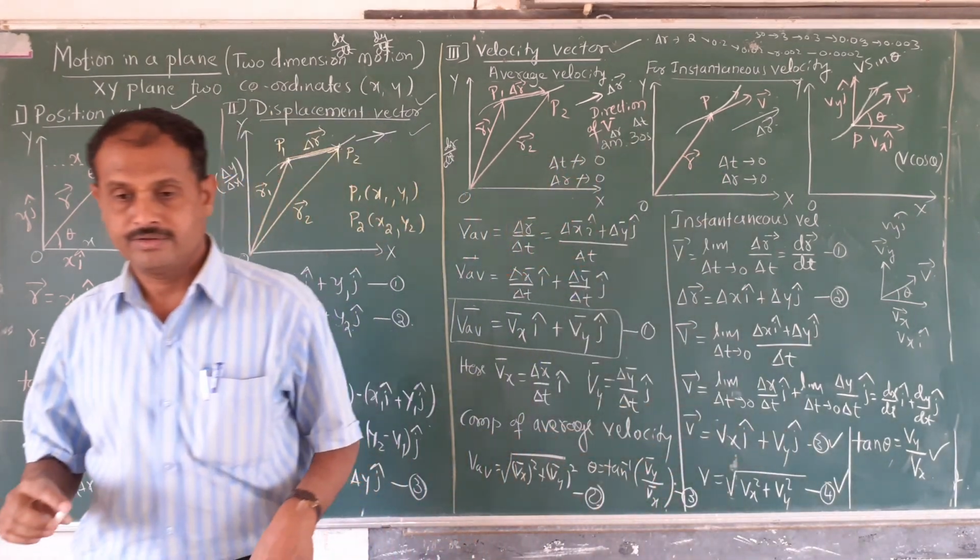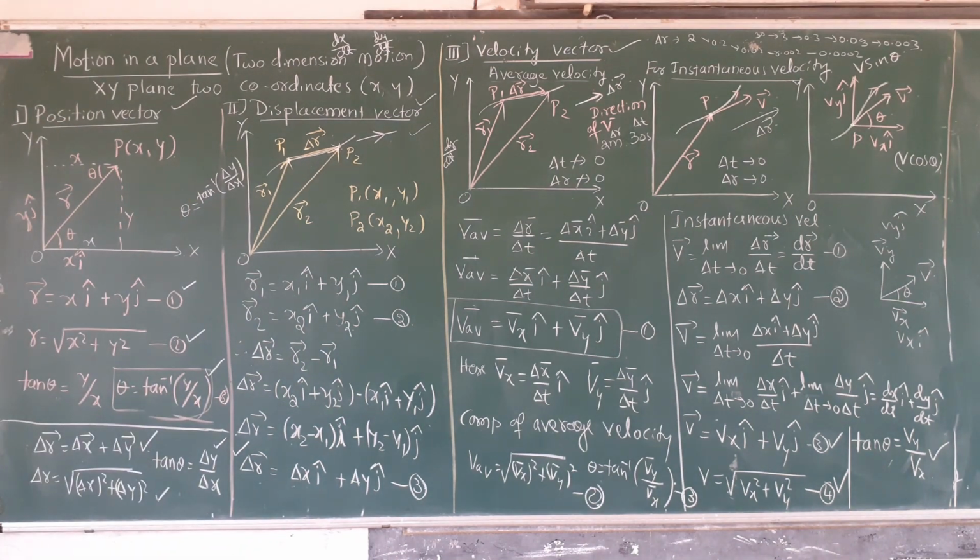Now carefully observe and carefully write the expressions for the instantaneous velocity and average velocity, 3 equations. Here also again you got 3 equations. And position vectors, again 3 equations: position vector expression, magnitude, and its direction. This is the pointer. Now observe carefully and write the expression when a particle moves in 2-dimensional motion.